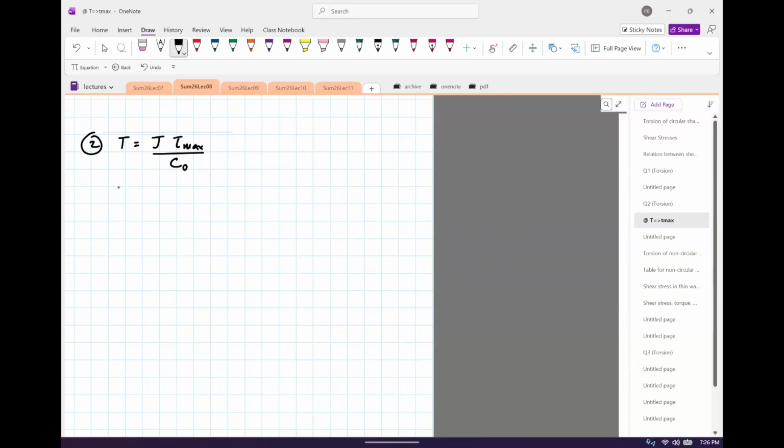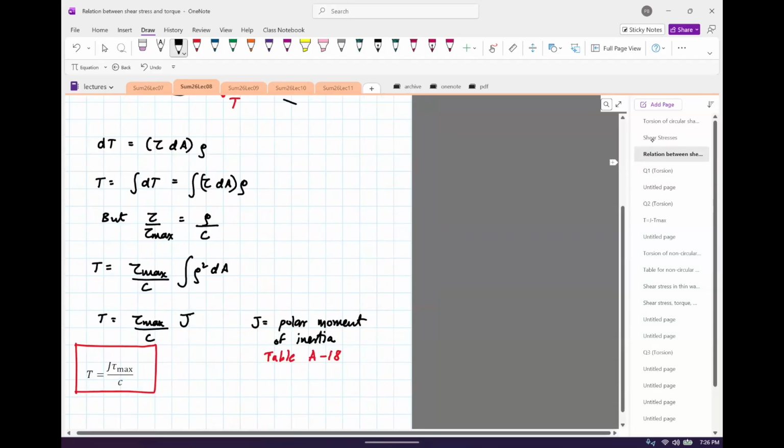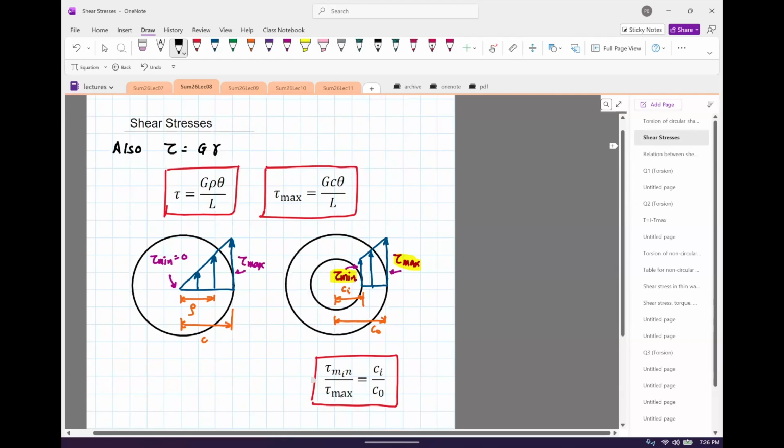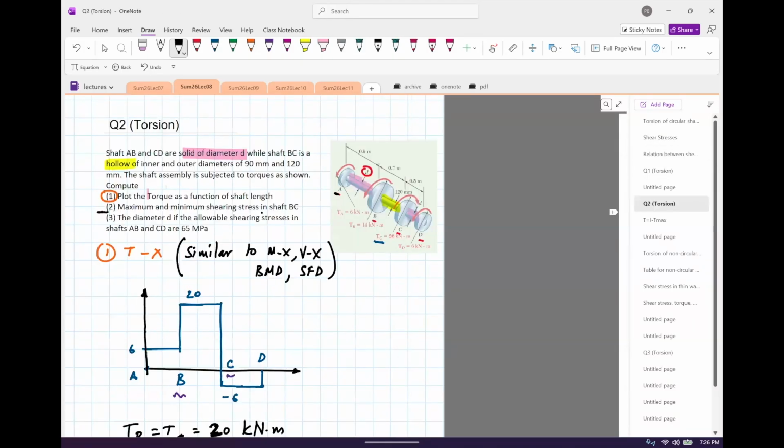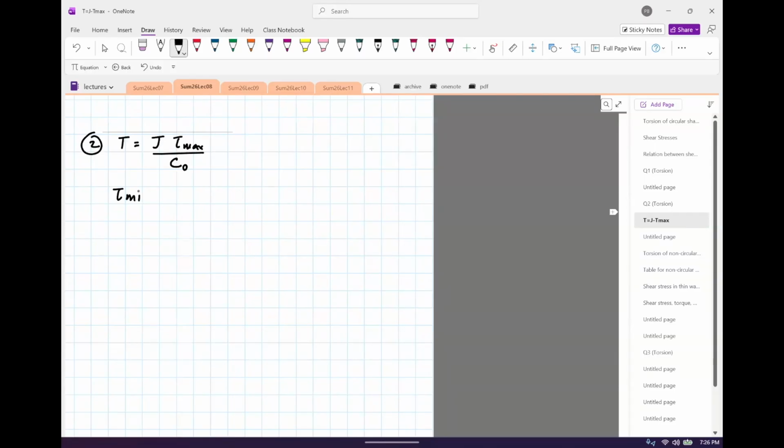And if you want the minimum, we can derive a similar expression. We wrote down that the ratio of min to max is Ci to C0.